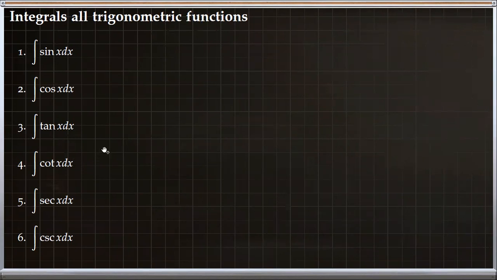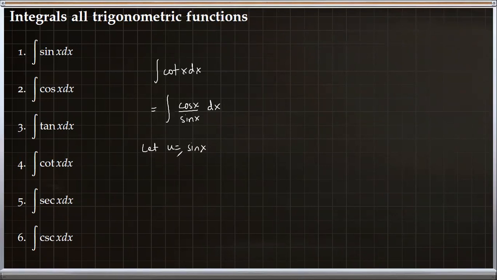Next, let's look at cotangent. Again, we can write integral of cotangent of x as integral of cosine of x over sine of x, because cotangent of x is simply cosine of x over sine of x. Now we can let u be sine of x.